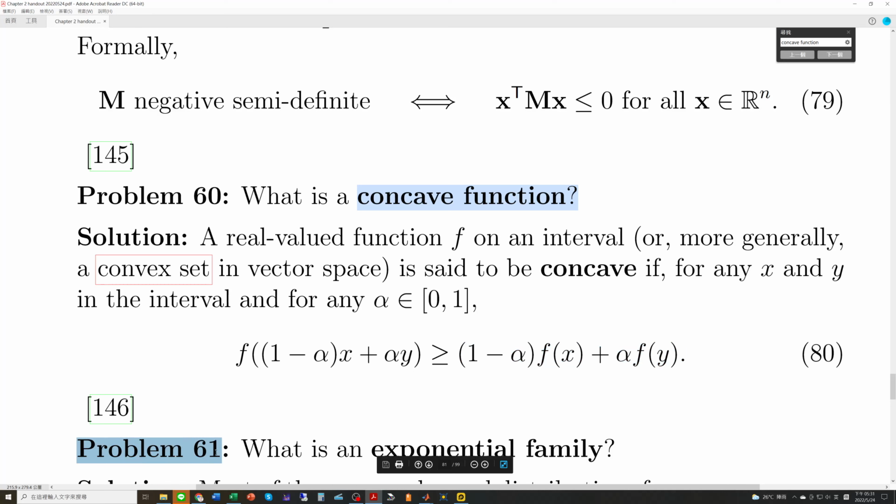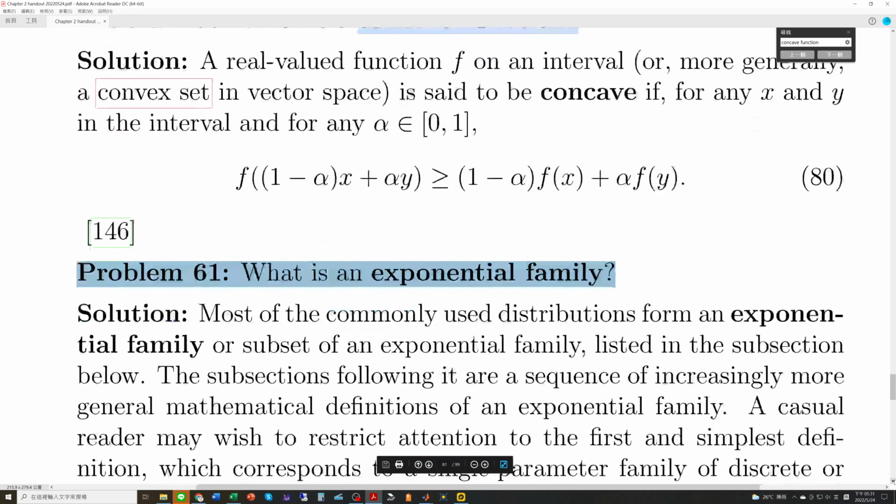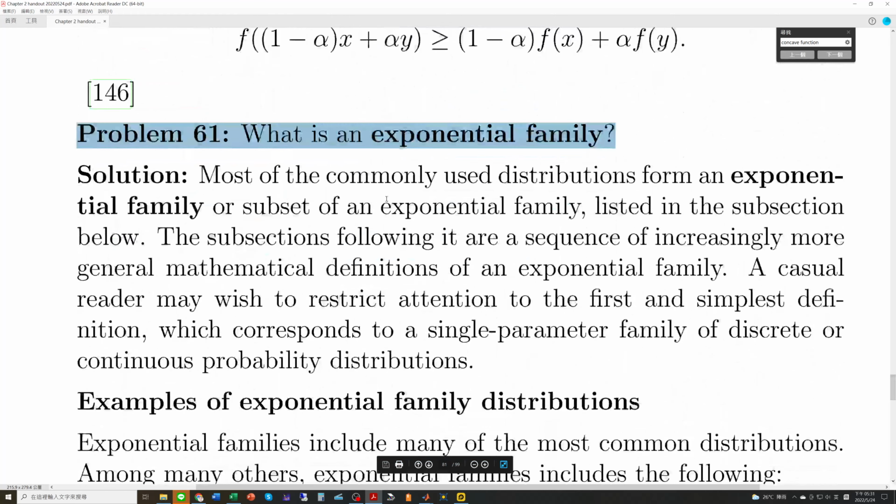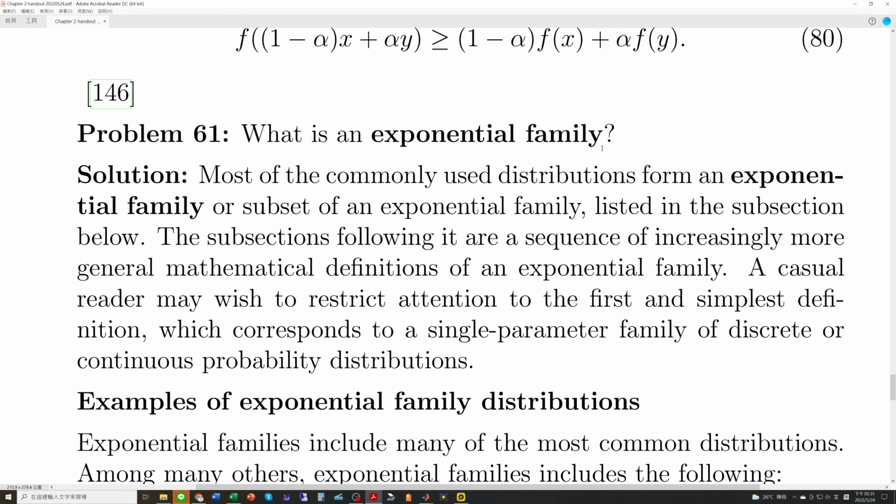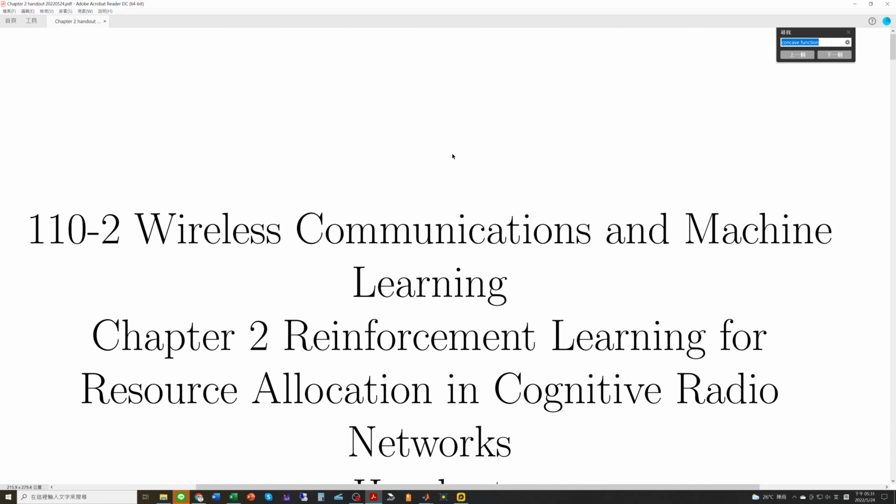Next, problem 61. What is an exponential family? So why do we need to know what an exponential family is? Let us search for it.